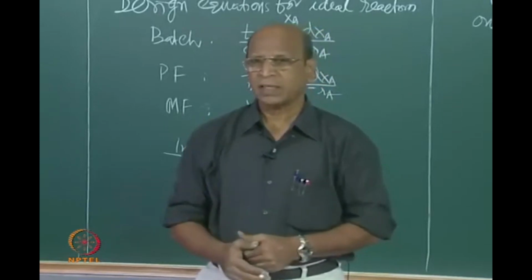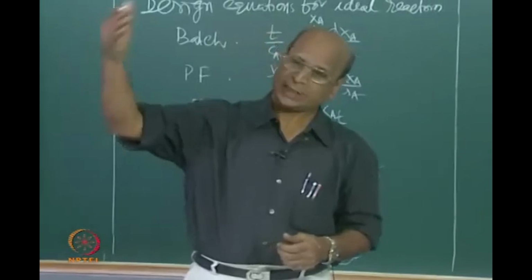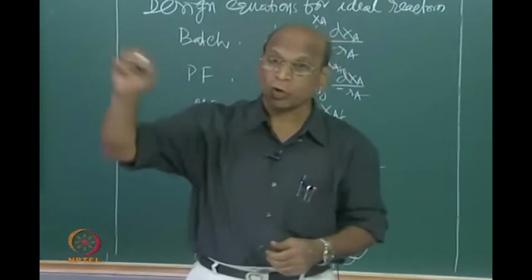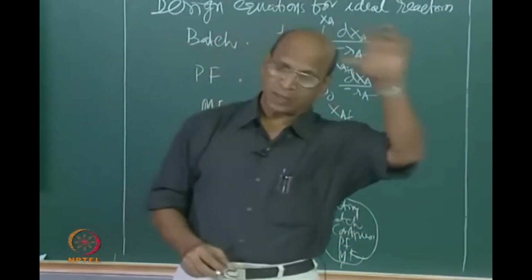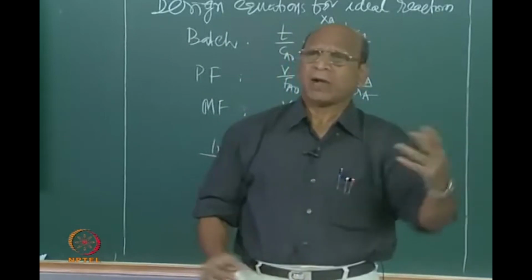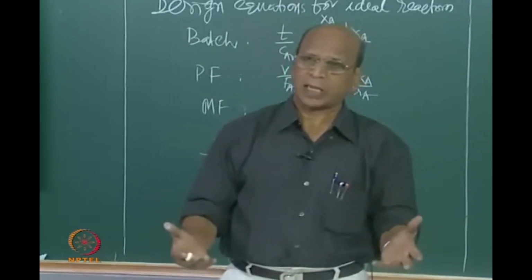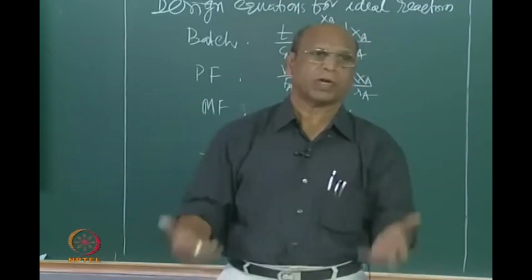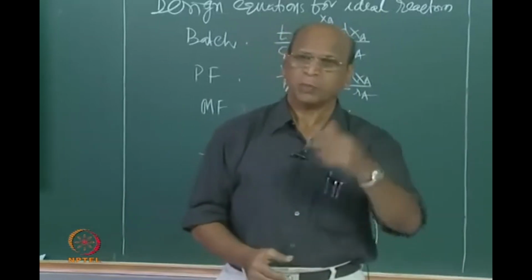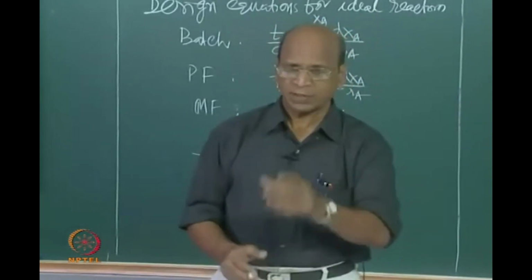What, Abdul, what has happened? We first fix the output, sir. Yeah, you have to produce some output. For that, you know the kind of reaction stoichiometry, and then how much reactants you have to get. I was telling you so many times that F A naught we know. F A naught is input. In your language, F A naught is what?